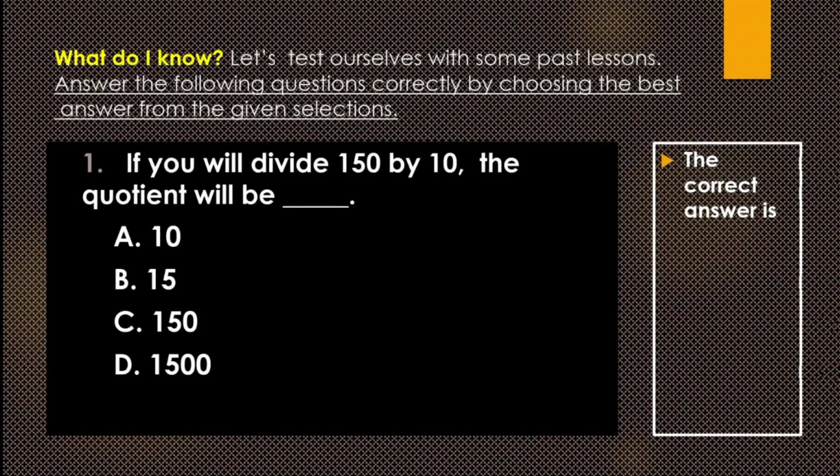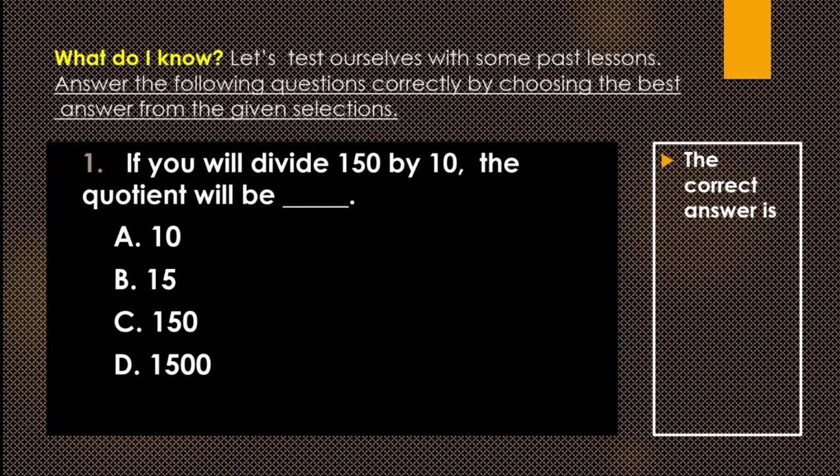But what do I know? Let's test ourselves with some past lessons. Answer the following questions correctly by choosing the best answer from the given selections. Number 1. If you will divide 150 by 10, the quotient will be blank.